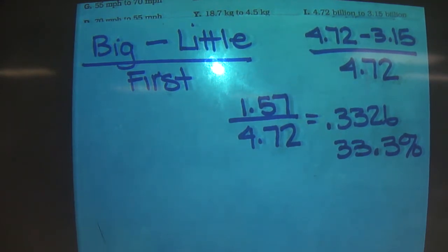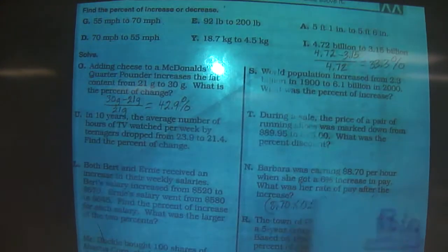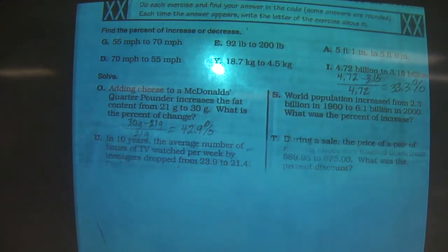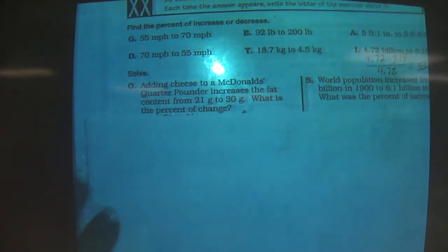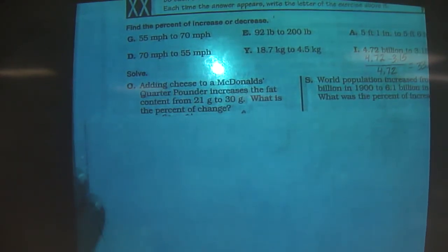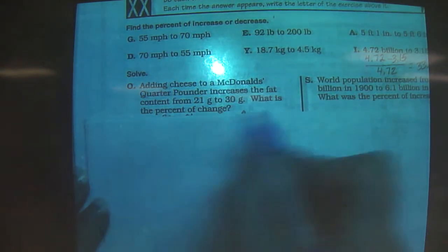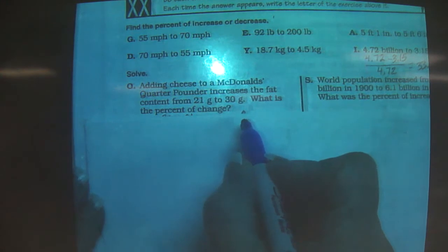Does everybody have that in their questions? Excellent. Okay, these are solves. These are also big minus little over first. If you add cheese to a McDonald's quarter pounder, it increases the fat content from 21 grams to 30 grams.